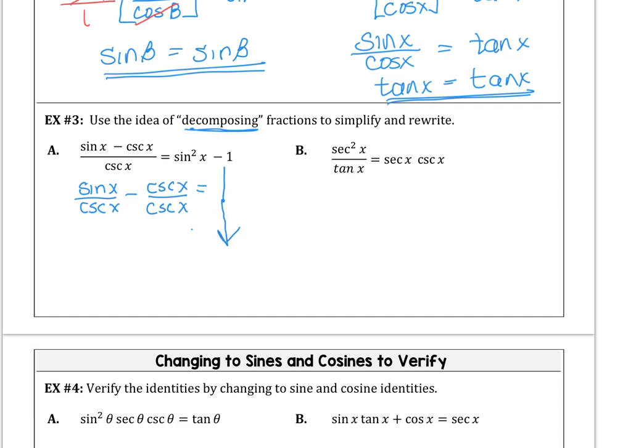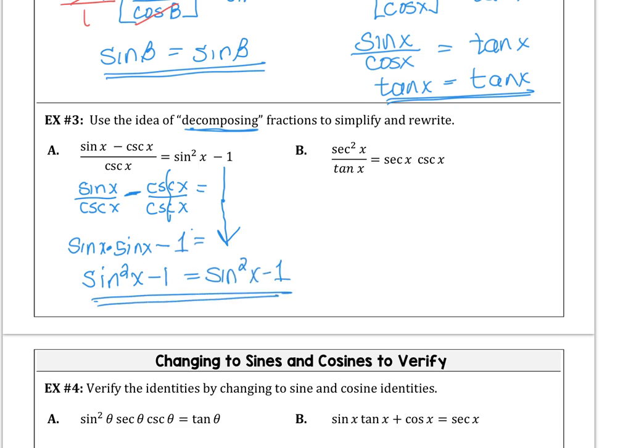Sine over cosecant, this is a 1, so I could move this cosecant up to the numerator and I would have sine times sine. And this is minus 1, so minus 1. And sine times sine is sine squared minus 1, and that's exactly what we were looking for. Is the left-hand expression equal to the right-hand expression?